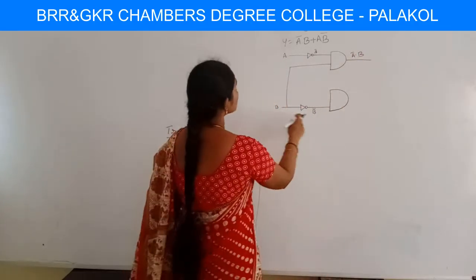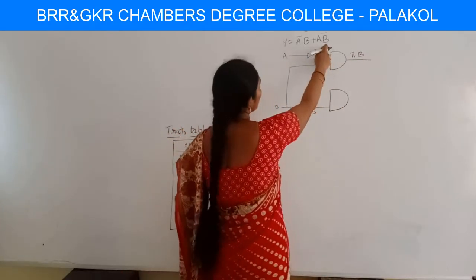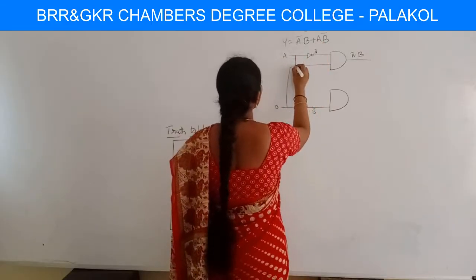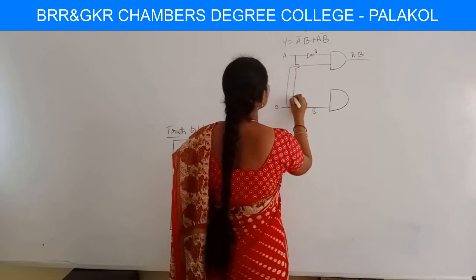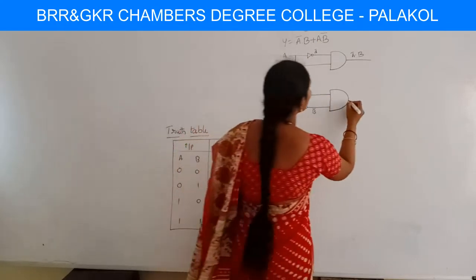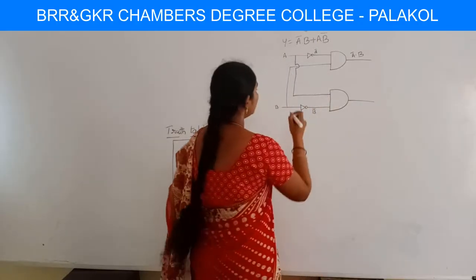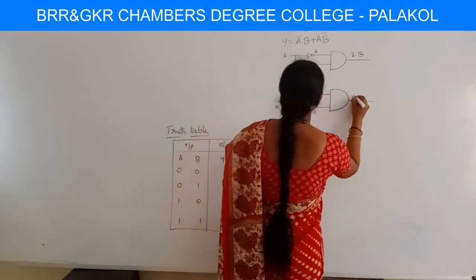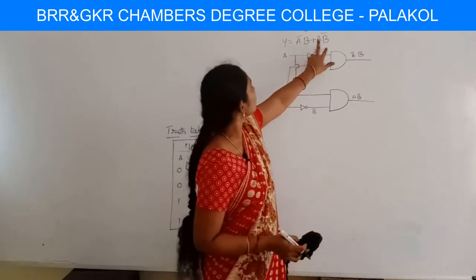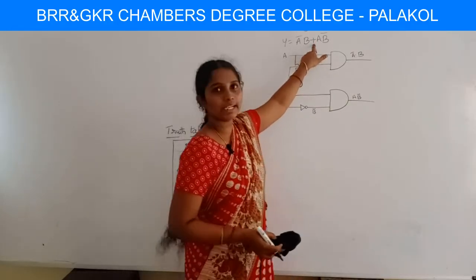Likewise, after that this is B bar. We require an A, so for that purpose I take A from here. The output for this gate is A B bar.